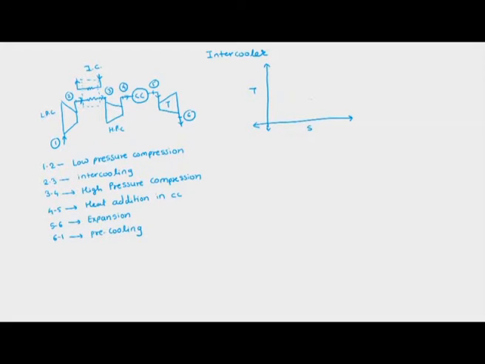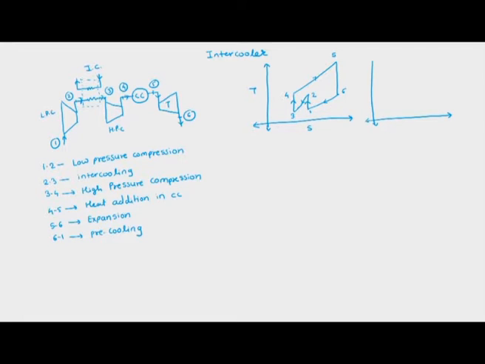So we have 1 to 2 compression process, then 2 to 3 is isobaric heat rejection, then 3 to 4 is again isentropic compression. 4 to 5 is heat addition at isobaric condition. 5 to 6 is expansion process in the turbine, and 6 to 1 is the pre-cooling process for closed cycle gas turbine based power plant.